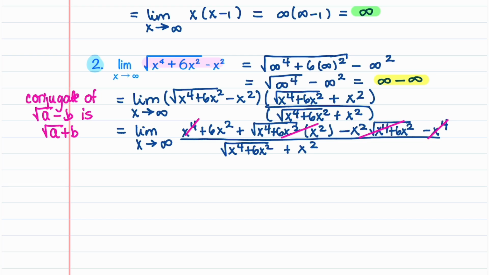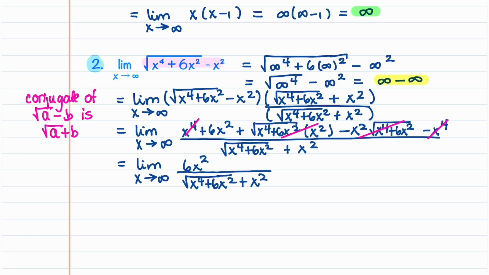And we only have one term left on top. Let's go ahead and write that down. This is the limit as x goes to infinity, 6x squared, all divided by the square root of x to the fourth plus 6x squared plus x squared.